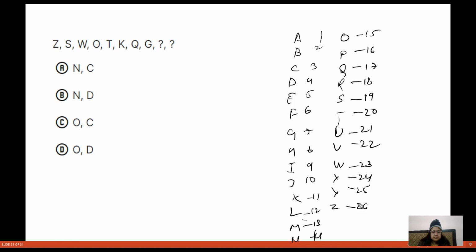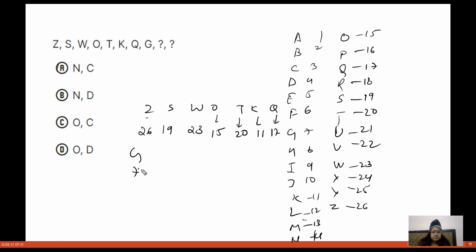Okay, now Z. From Z, now this is actually what: Z S W O T K Q and G. Okay, so Z is 26, S is 19, W is 23, O is 15, T is 20, K is 11, Q is 17, and G is 7.